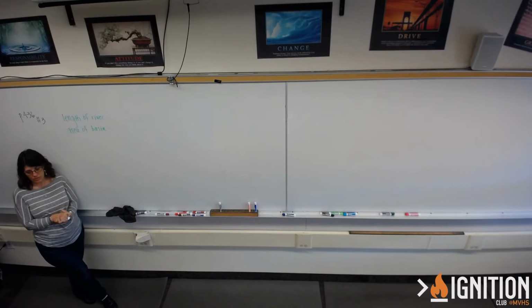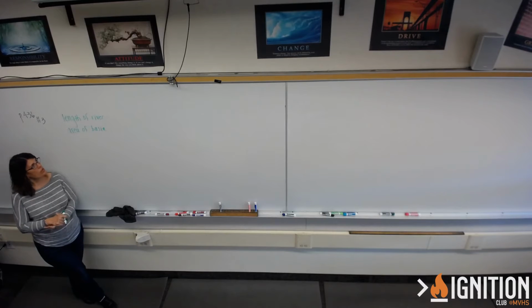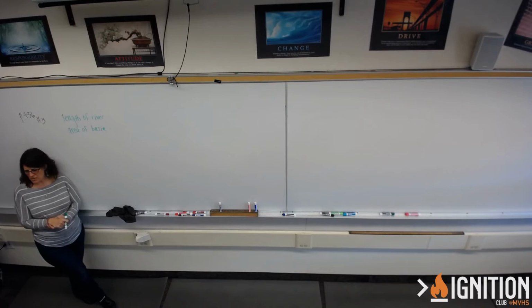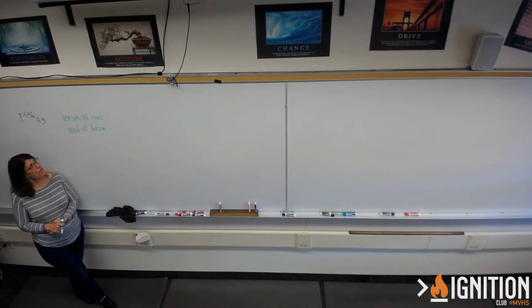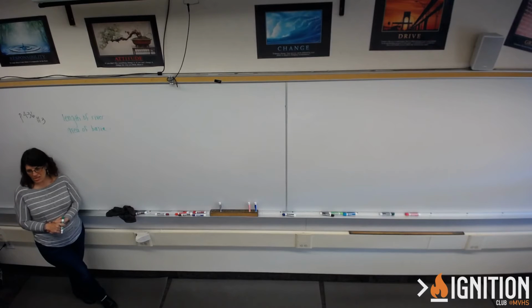Which depends on which? River depends on basin. The length of the river depends on the area of the basin. Brandon says that the length of the river depends on the area of the basin. All right, great.